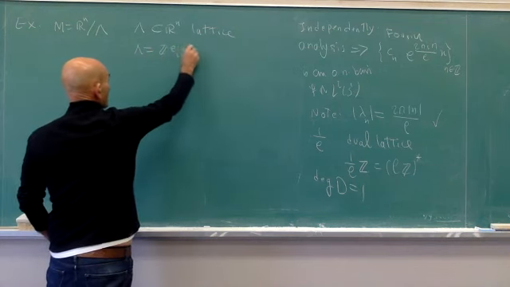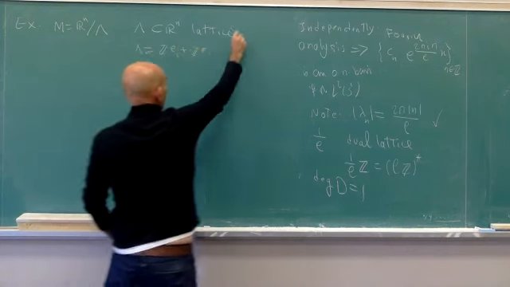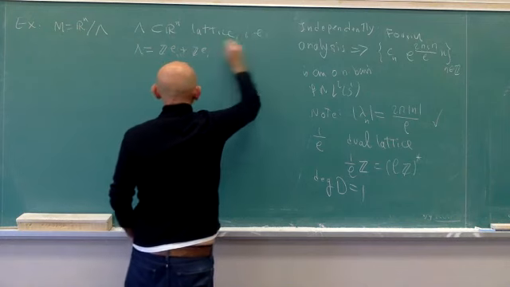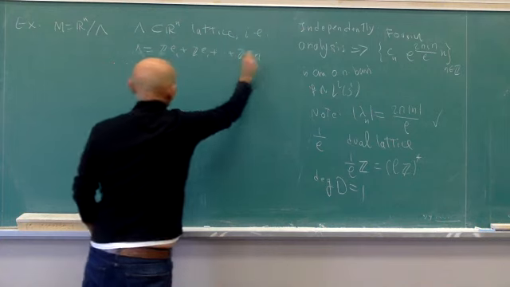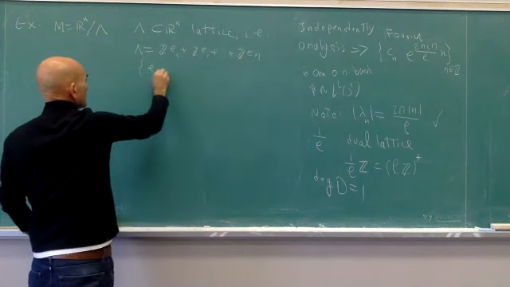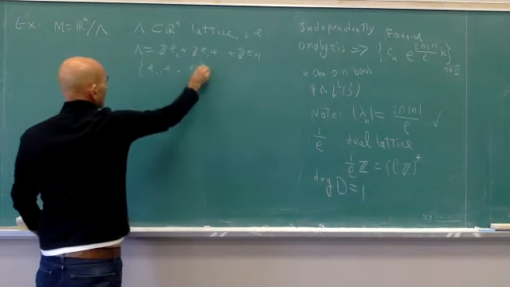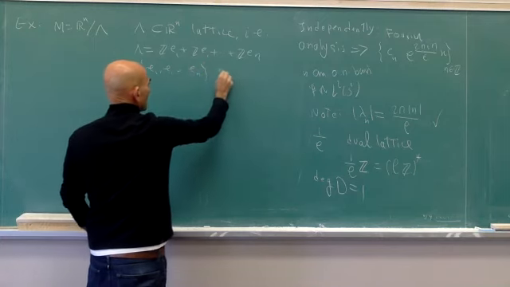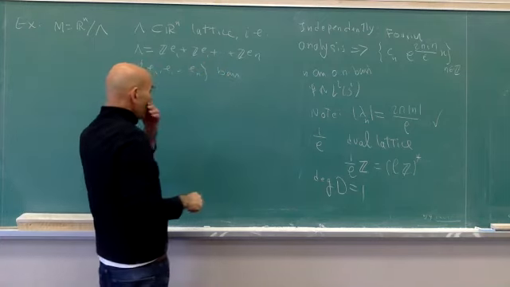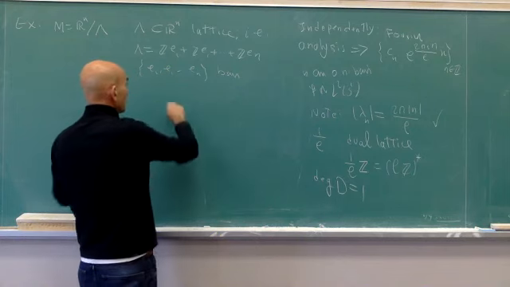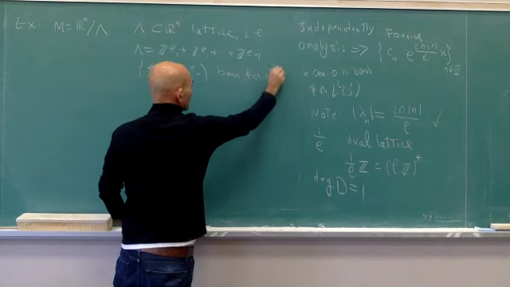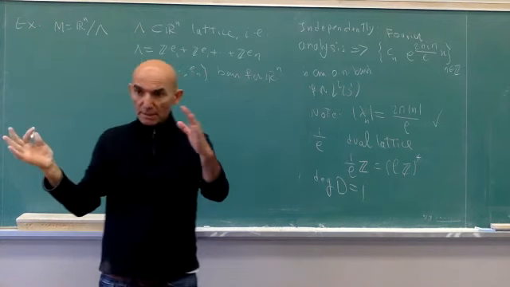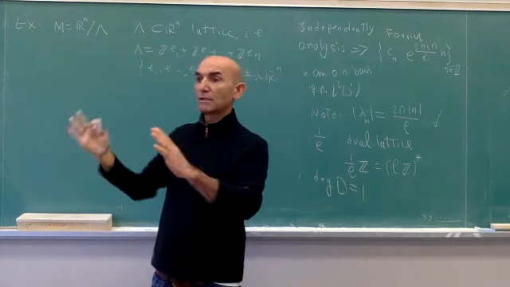Z b1 plus Z b2 through Z bn, just a basis, not an orthonormal basis or a standard basis. And if you take different basis elements, you do get different lattices.